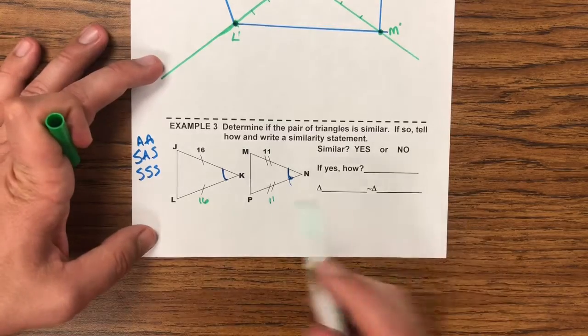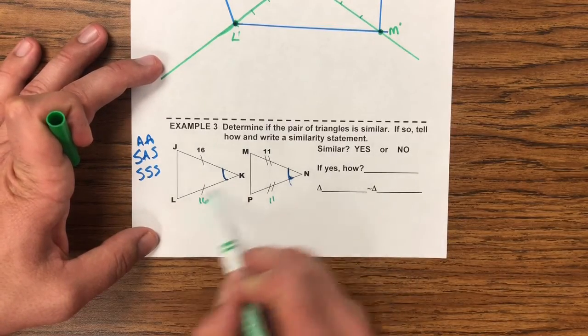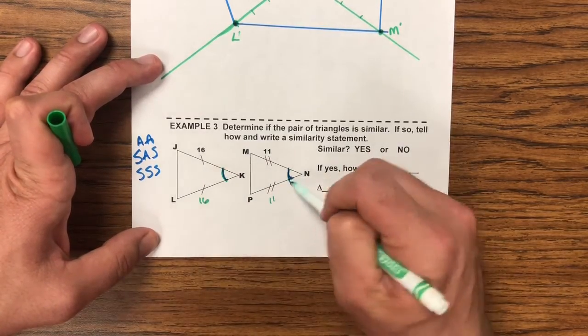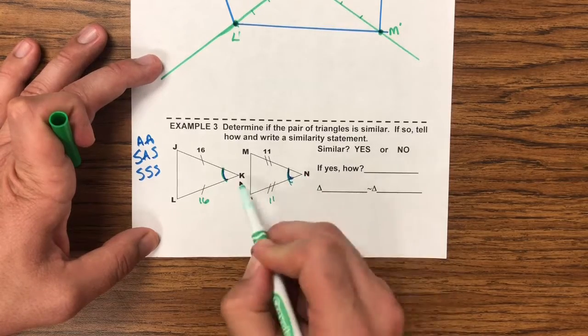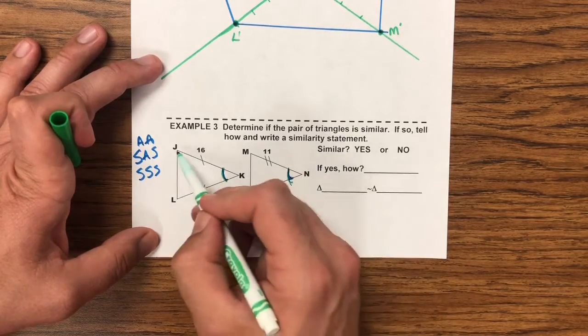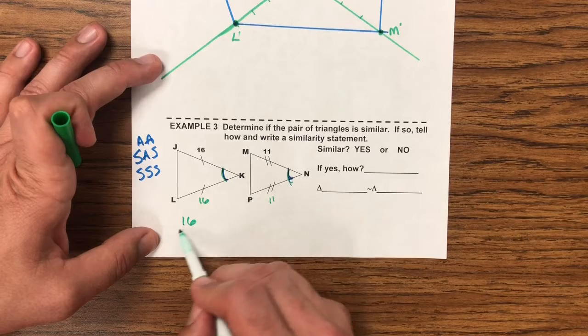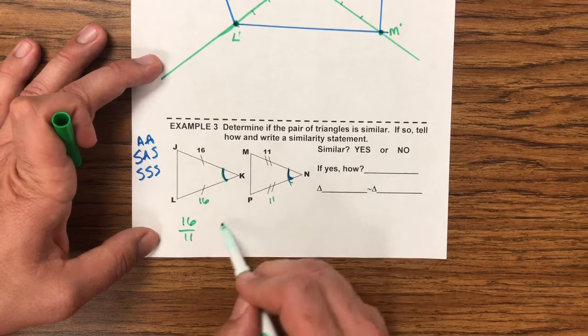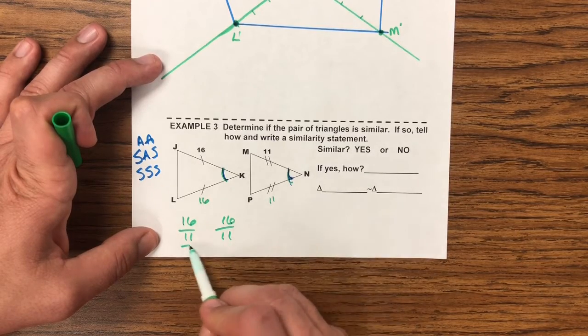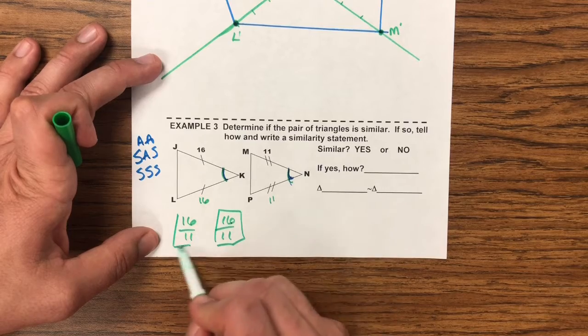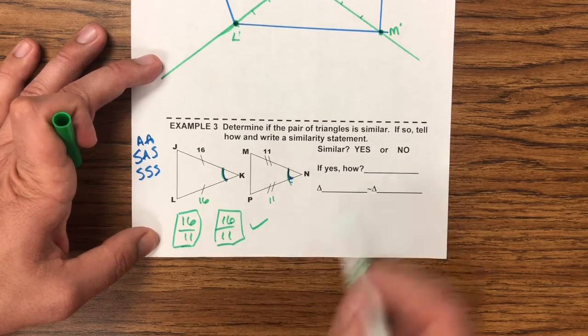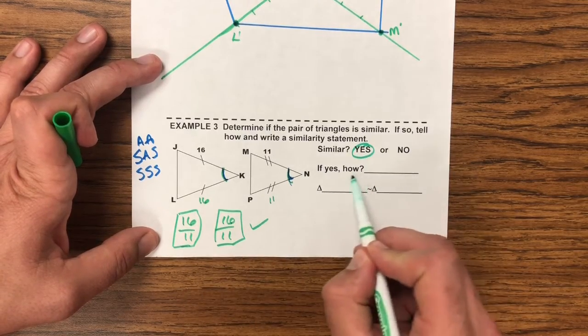So as we look at this, we're going to go side, angle, side. One arc mark, they're congruent, so the angle part matches up. Now, 16 over 11 and 16 over 11. Are these two the same thing? Yes.